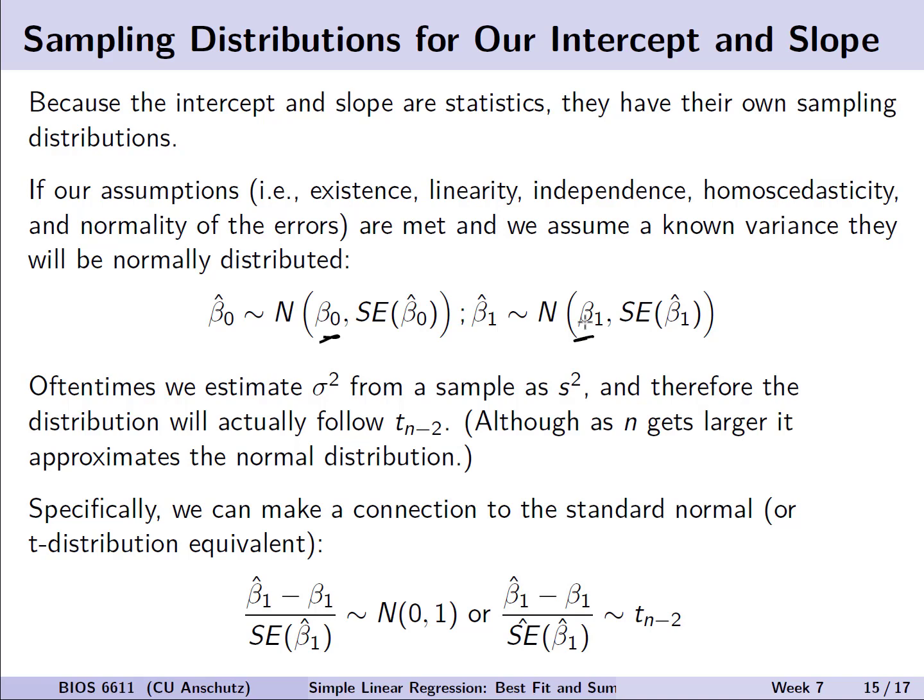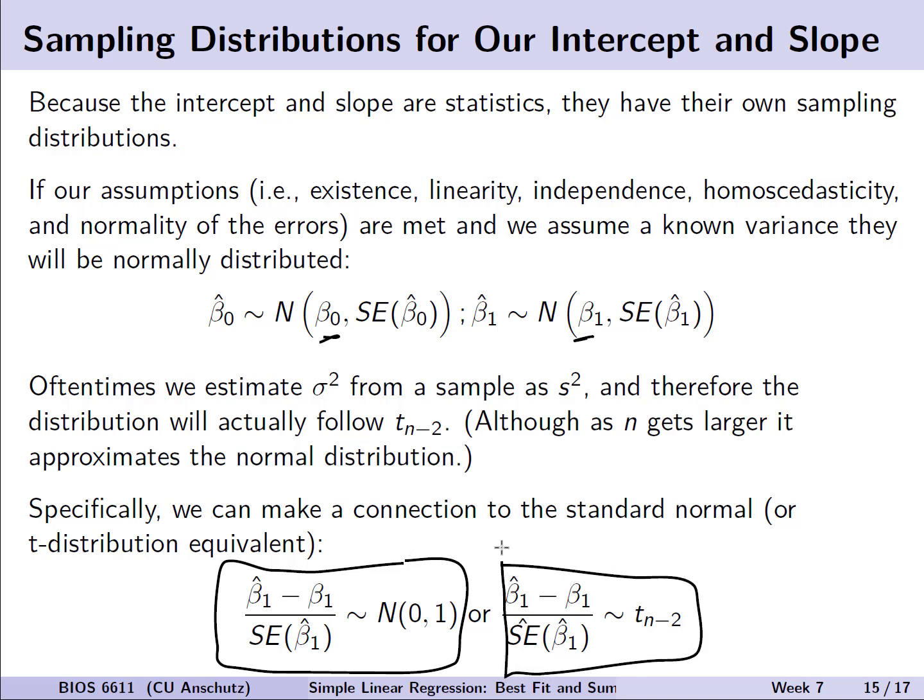Specifically, we can make a connection then to the standard normal or t distribution equivalent, where we have this property again where we take our estimate minus some null hypothesis value or true value beta 1 divided by the standard error, and it's approximately distributed as a normal distribution with mean 0 and variance 1, or in the case where we plug in that estimate for the standard error, it's approximately distributed as a t distribution. And these are the quantities that we ultimately then use for inference and getting things like p-values from our regression results.